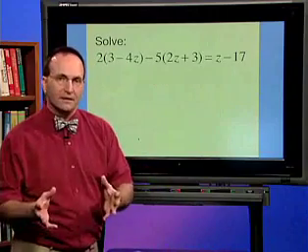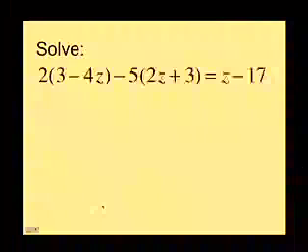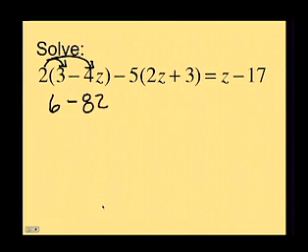All right, great. Let's work an example where we use one or more of these operations to create an equivalent equation. So we want to solve the following example: 2 times parentheses 3 minus 4z, minus 5 times parentheses 2z plus 3, equals z minus 17. The first thing we're going to do is apply the distributive property and multiply 2 times 3, which is 6, 2 times negative 4z, which gives me negative 8z.